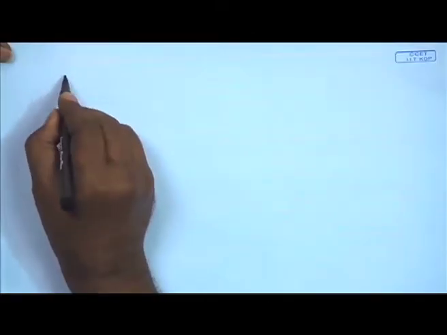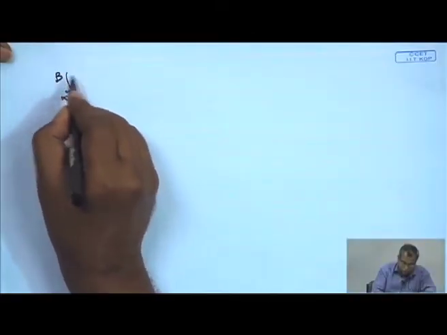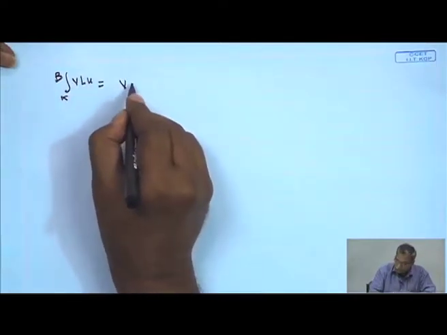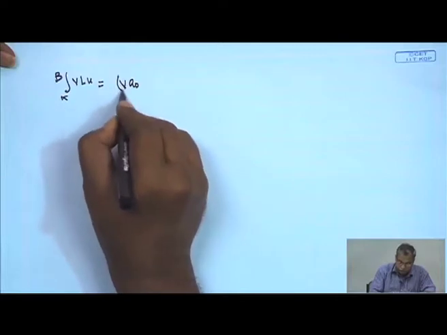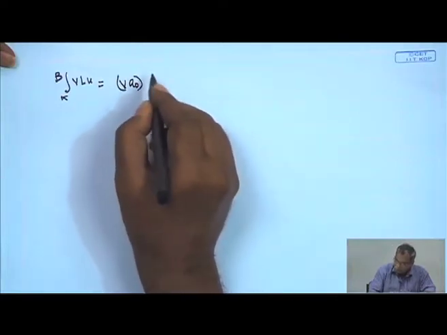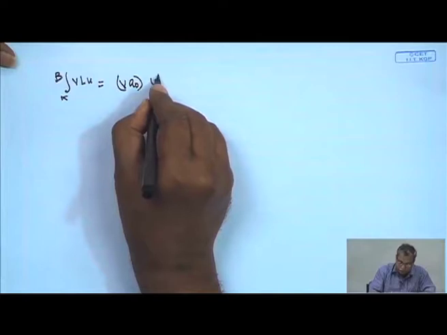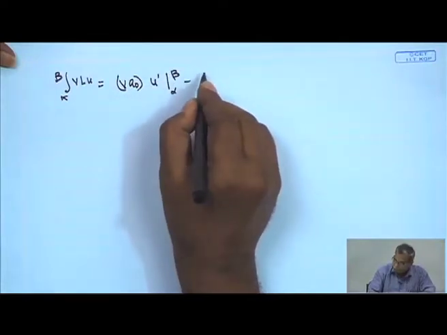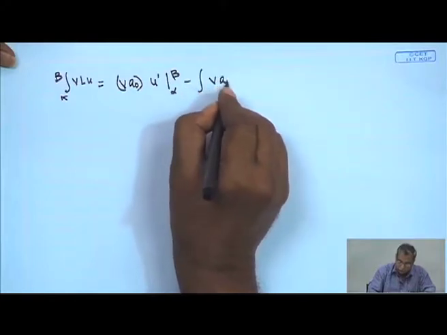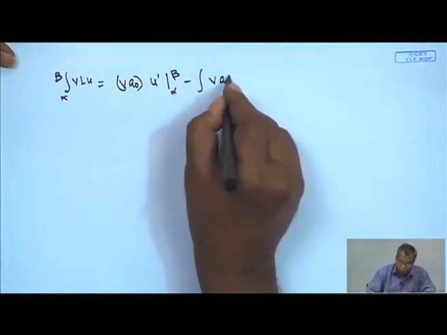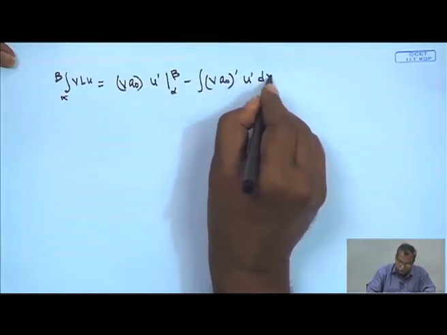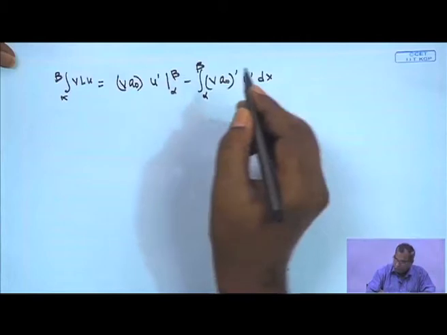If you really do that, what you will get is that the integral from alpha to beta of v Lu is equal to: first function v a0, times the integral of the second function, so it will be u prime, from alpha to beta, minus the integral of the differential of the first function, (v a0) prime, times the integral of the second, so u prime dx. That will be the first one.